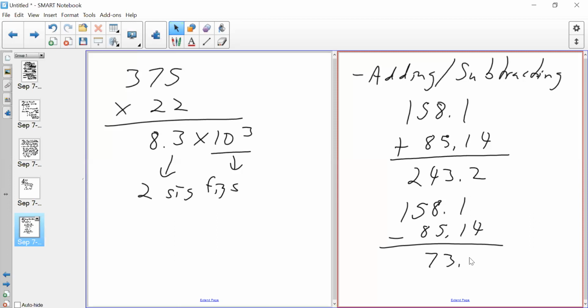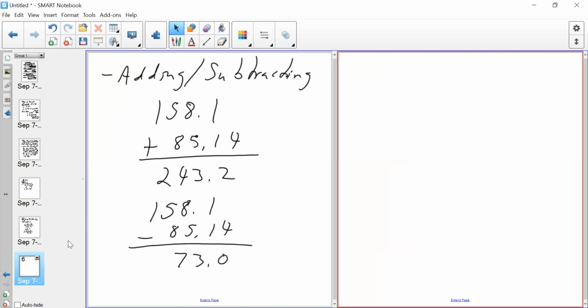I'm not going to be too particular on the rounding. It's going to be one digit after the decimal. So that's your reported answer, but the calculator says 72.96.